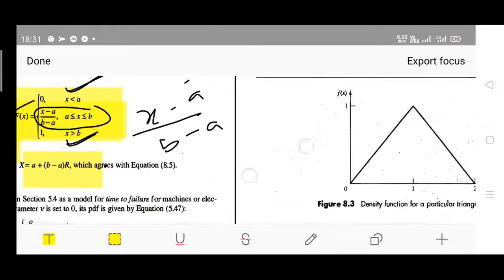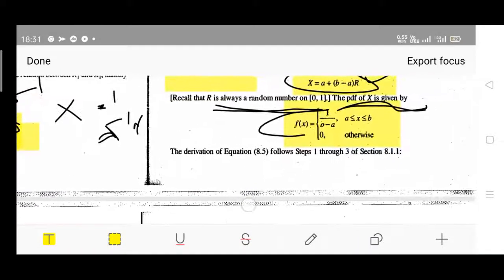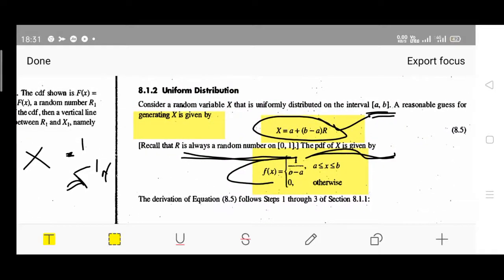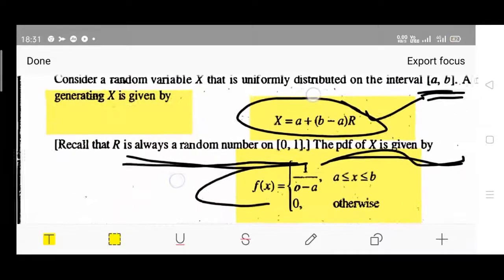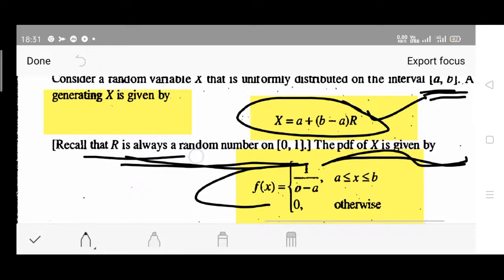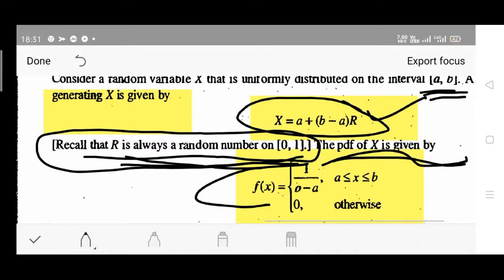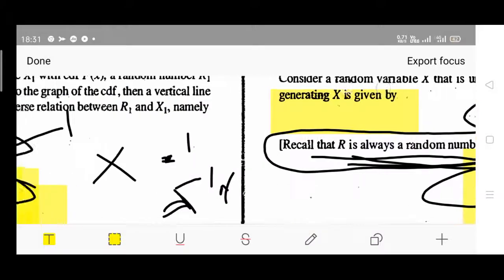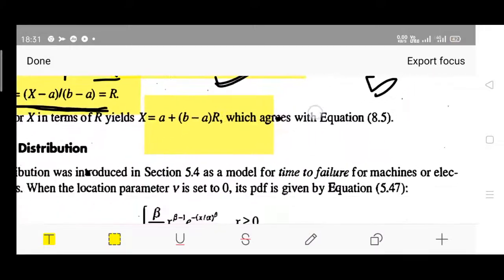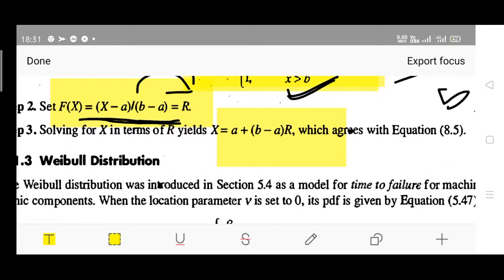What is r? As we noted earlier, r is always a random number, and its value ranges between 0 and 1. It is applicable throughout. So F of x, the cumulative distribution function, is equal to the random number r.